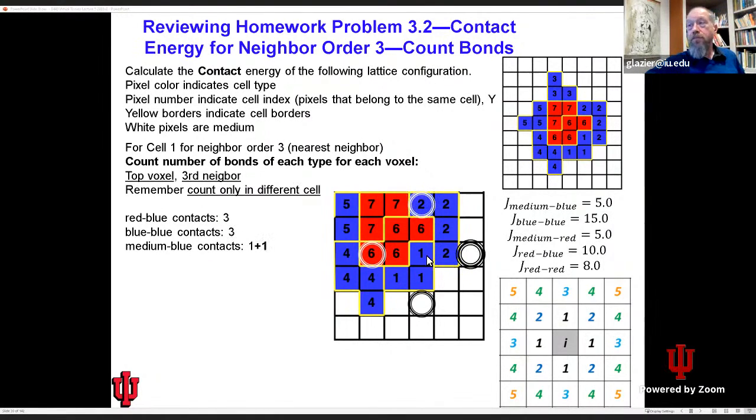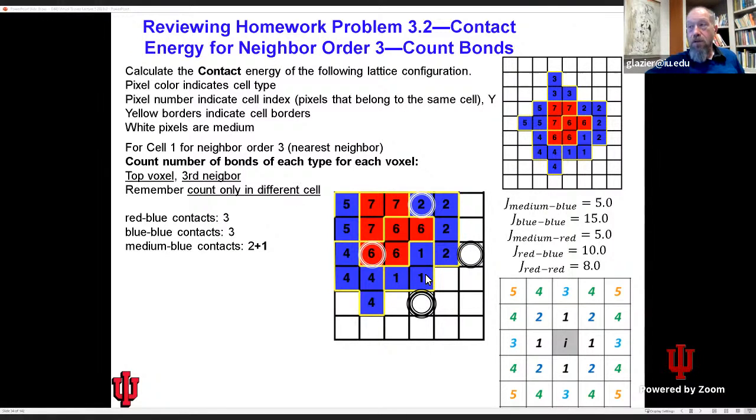The second one, again, I'm hopping over a blue to medium. And so 1 is next to medium here, even though it's not next to it in nearest neighbor sense. And so this gives me 1 unit of blue medium. Going down, I'm hopping over myself.